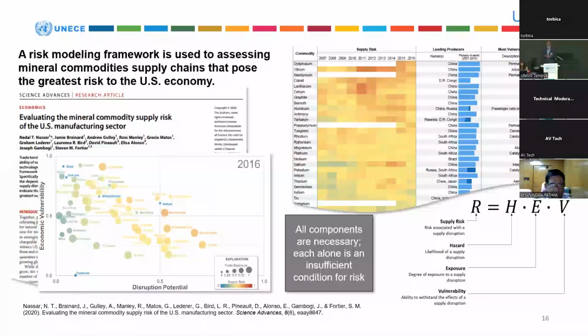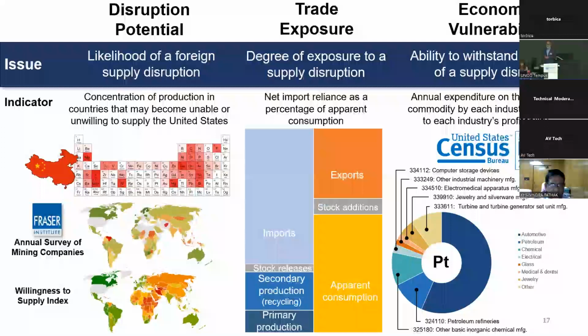And based on the combination of the 3 parameters, you have the materials that end up in the list of critical raw material for the United States.